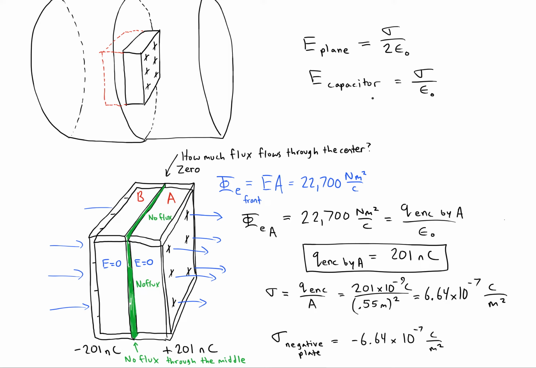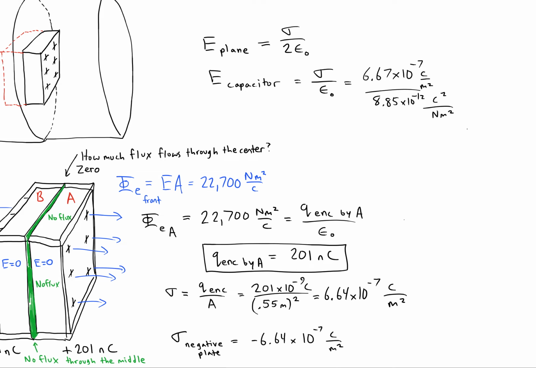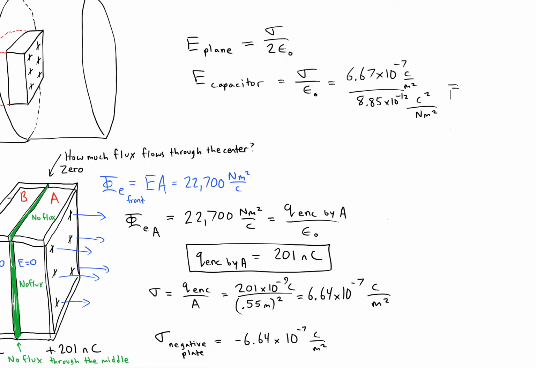Let's see what the induced electric field would be between the positive and negative sides of the copper plate, using the numbers that we had found below. If we divide, we get that the induced field should be 75,000 newtons per coulomb.